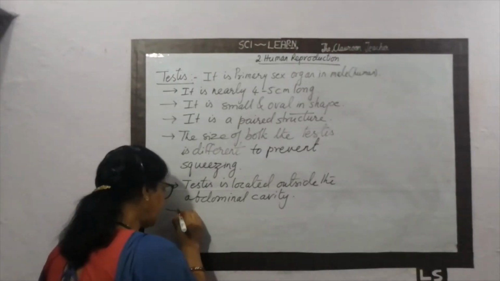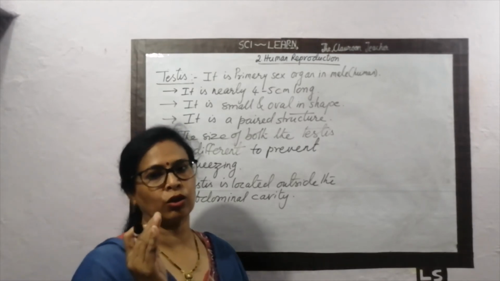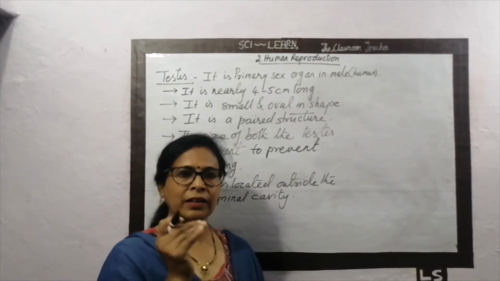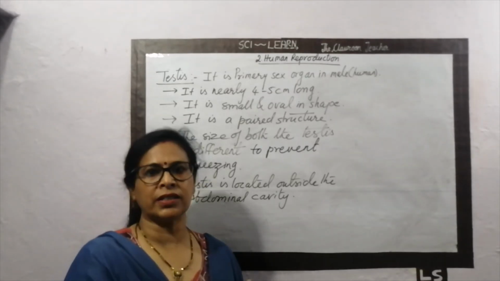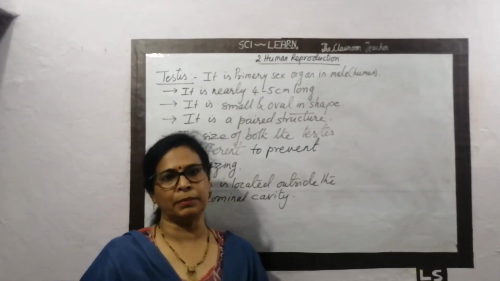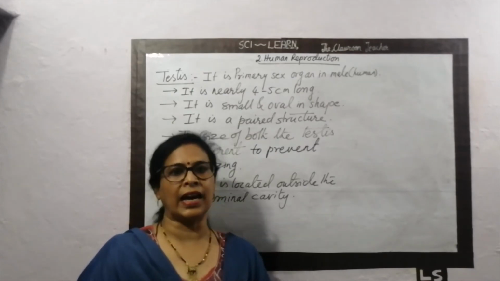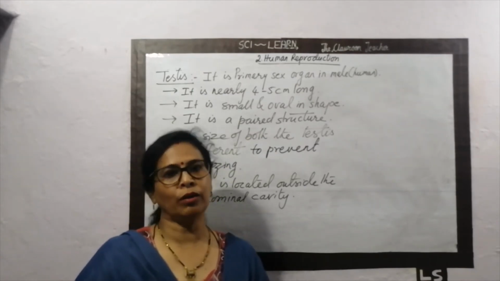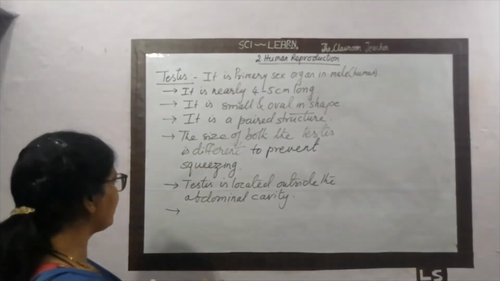What is the main function of the testis? Testis is responsible for the formation of sperm. For the formation of sperm, the required temperature is actually 1 to 2 degrees Celsius less as compared to the normal body temperature. So testis is located outside the abdominal cavity.